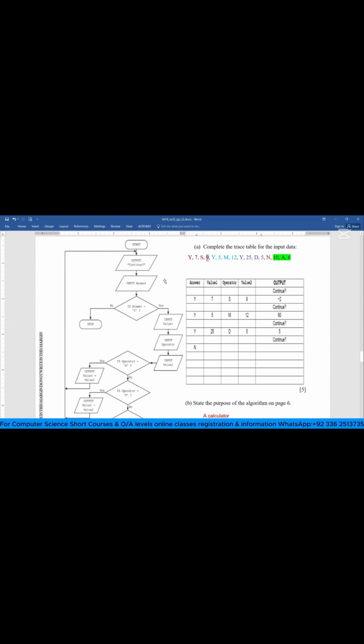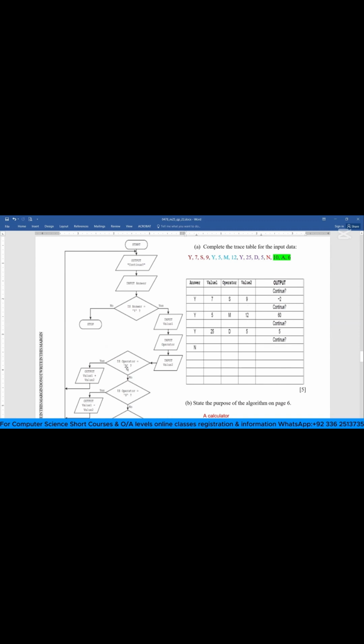Input of answer again. So now it is the second value, as you can see here. Y, 5, just with a different color coding to make you comprehend. Is answer equals to y? Yes. Input value 1, operator, value 2 means 5 is in value 1, m is in operator, and 12 is in value 2.